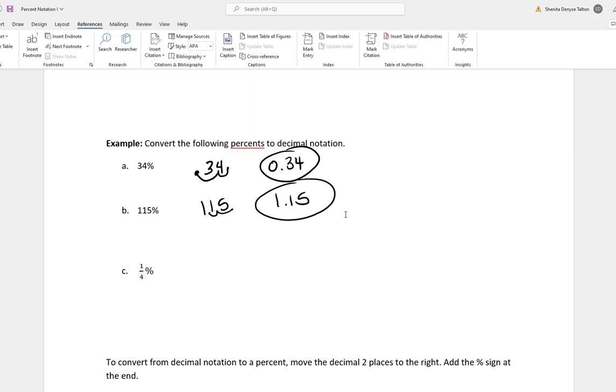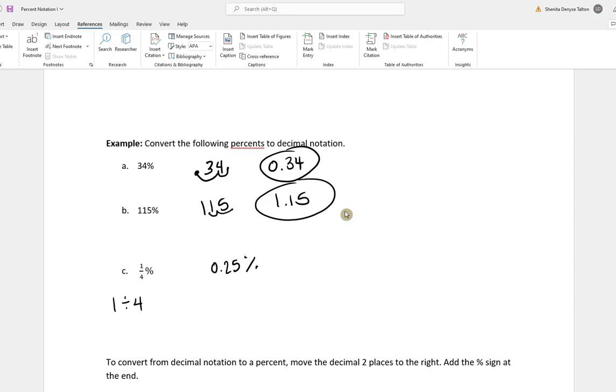In this next one, we have 1/4%. What we have to do is change this 1/4. We're going to multiply it out. It's 1 divided by 4, which is 0.25. Okay, so you have 0.25%.